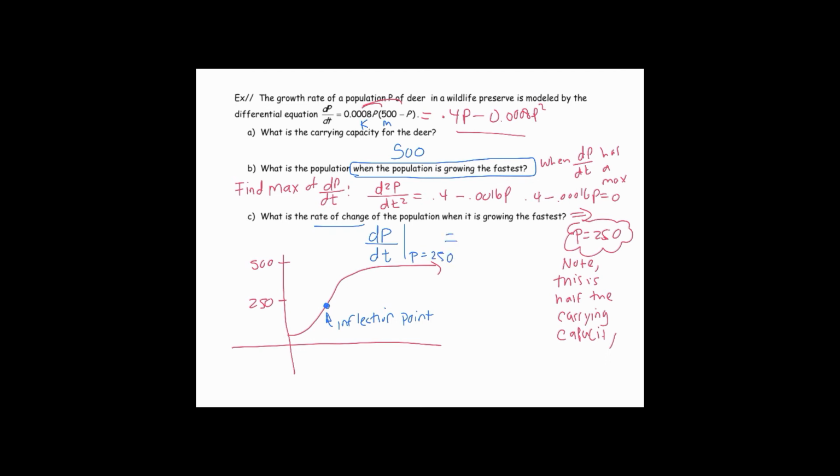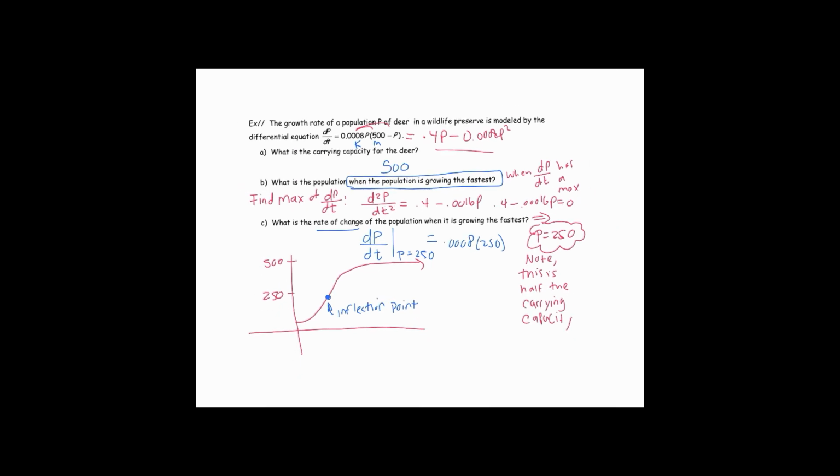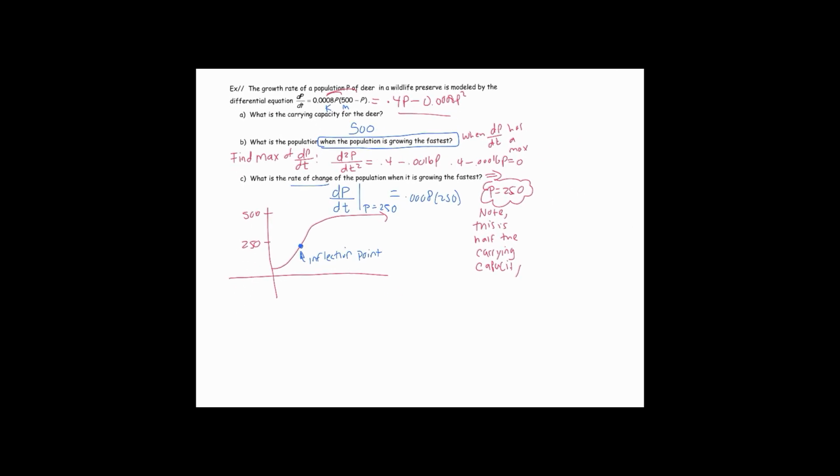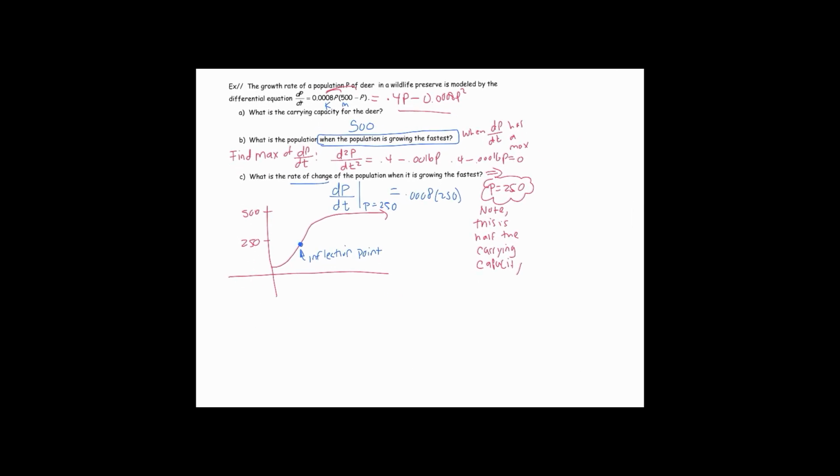So that ends up being 0.0008 times 250 times 500 minus 250.